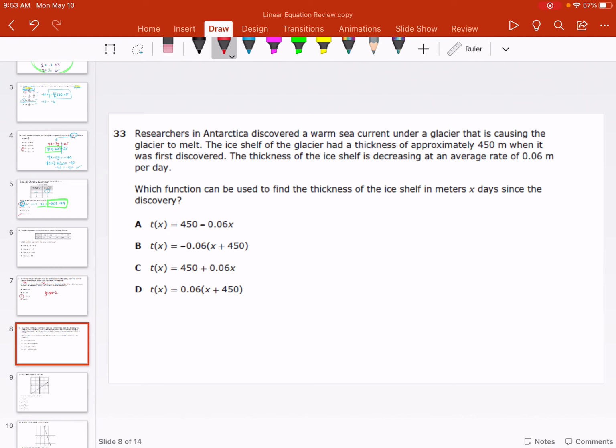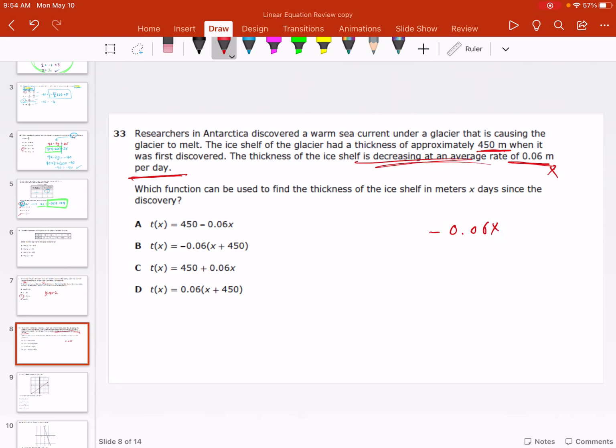Same thing here, restaurant, blah, blah, blah. It says what? The shelf of the glacier had a thickness of approximately 450 meters. It has 450 meters, but it does not say x because it did not say per or each or anything like that. The thickness of the ice shelf is decreasing at an average rate of this per day. Do you see this per? That means there's an x. So 0.06x.